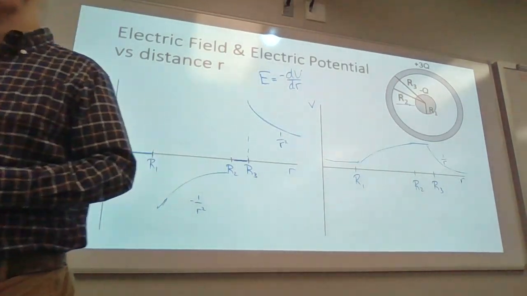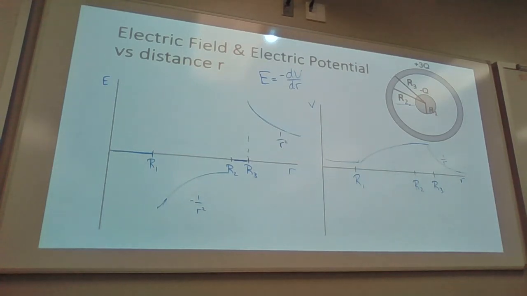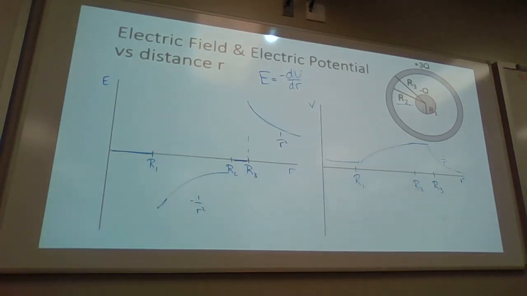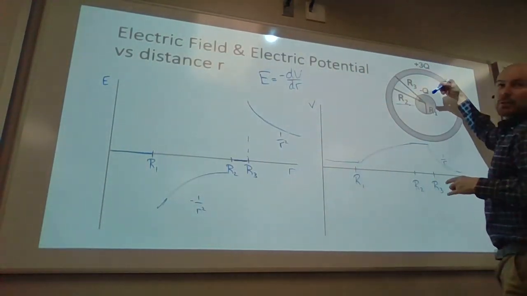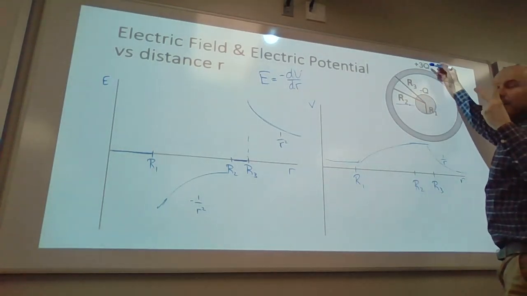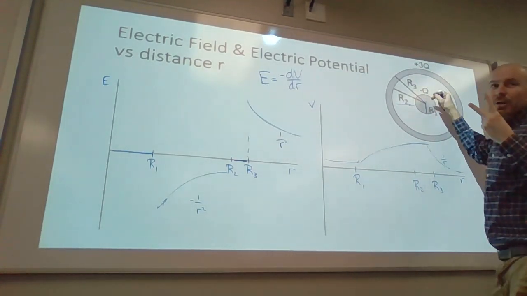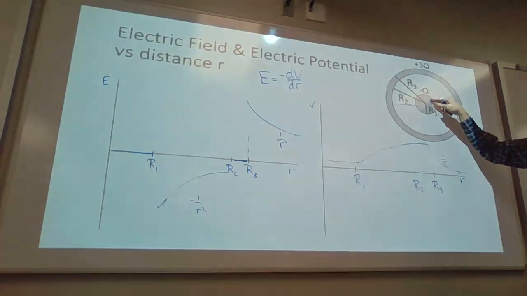What's your question again? Like, how do you know, if you don't have values, how high it goes? So here outside the total charge was positive 2. Inside here the total charge is negative 1.